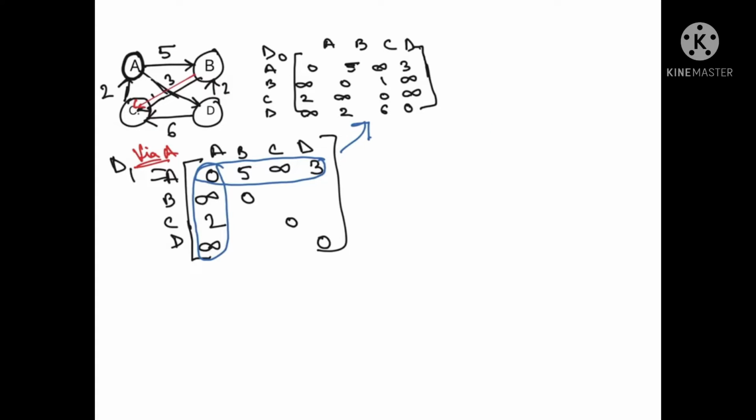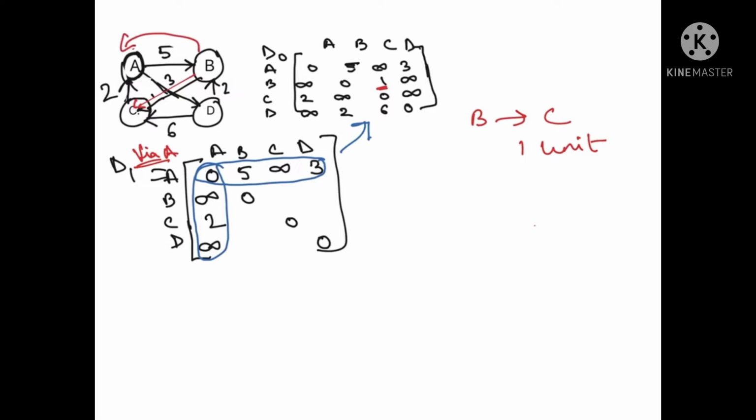One is, you are going from B to C. So what is the first path B to C? That is 1 unit, which is already written over here. Now the other way of going from B to C, what is the shortest path?